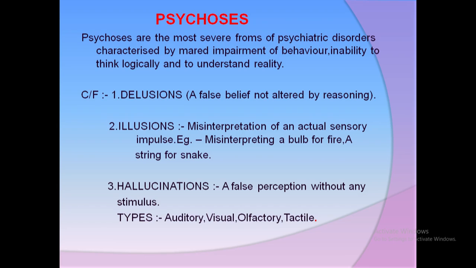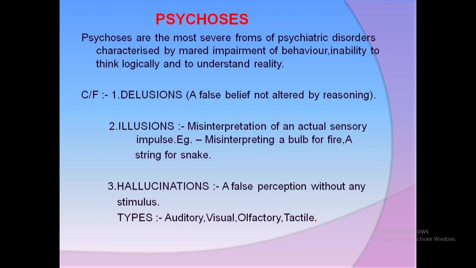Clinical features: delusions, a false belief not altered by reasoning; illusions, misinterpretation of an actual sensory impulse; misinterpreting a bulb for fire, a string for a snake; hallucinations, a false perception without any stimulus.